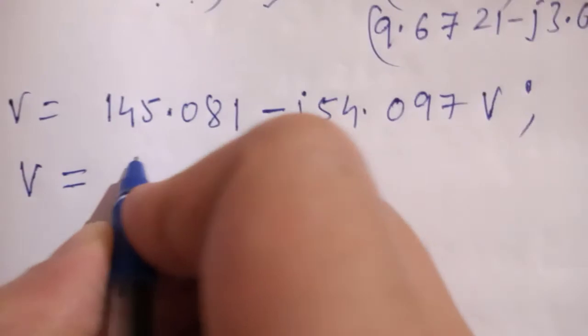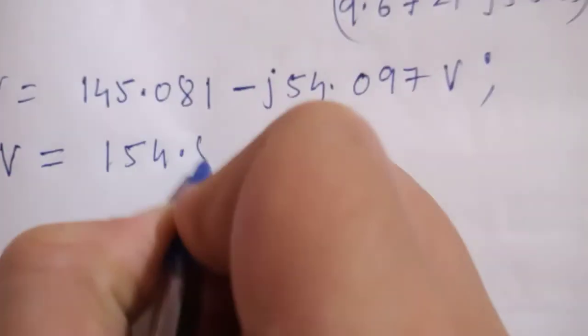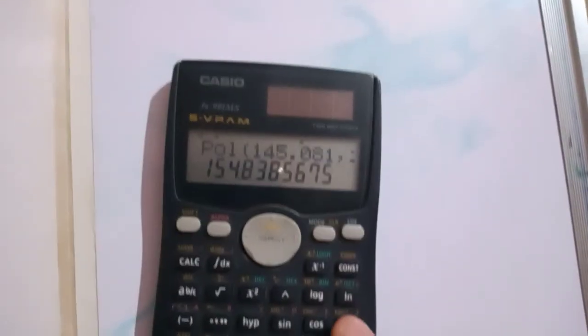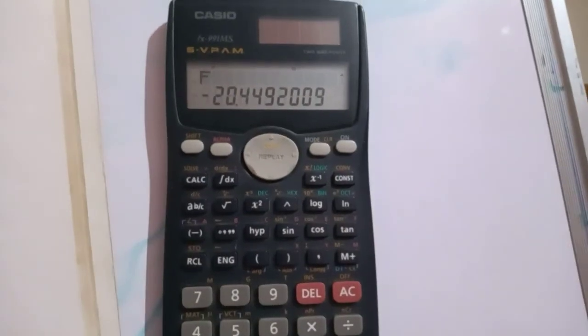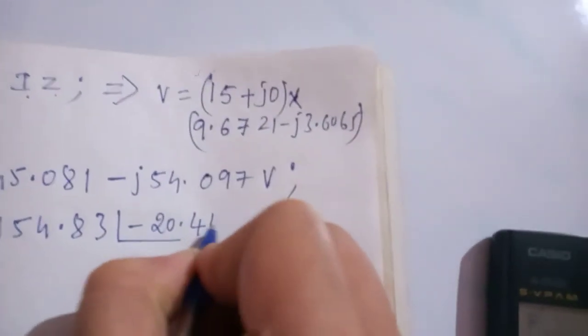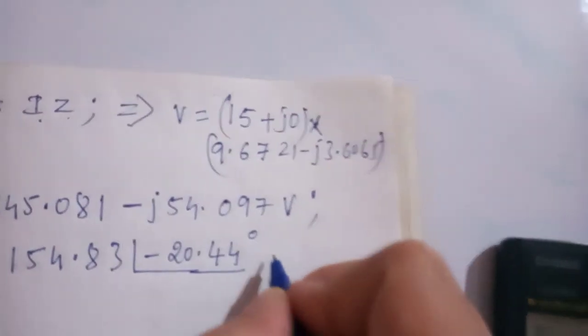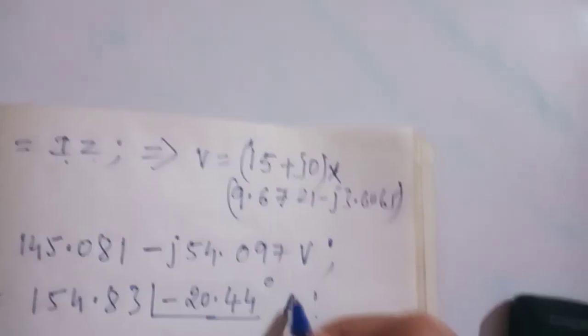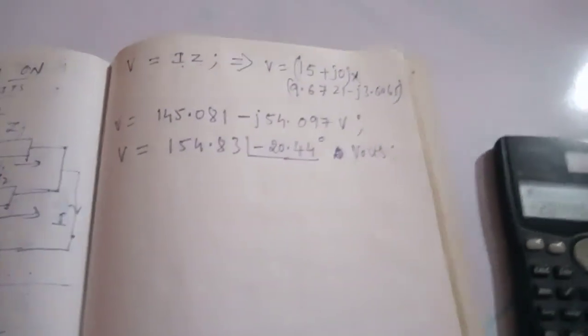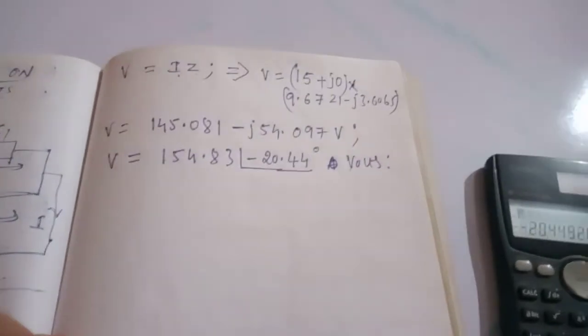Okay, so it will come around 154.83 at an angle of minus 20.44 degree, so and so volts. Okay, now this is the resultant total voltage of the complete circuit.